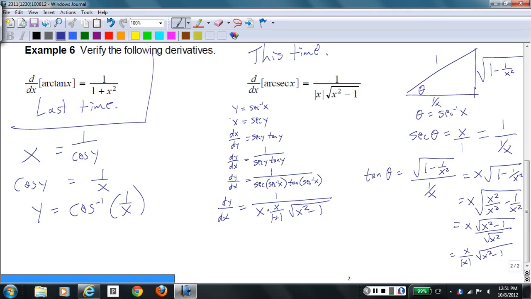Is this going to get us where we need to go? dy dx equals 1 over x squared over the absolute value of x times the square root of x squared minus 1.